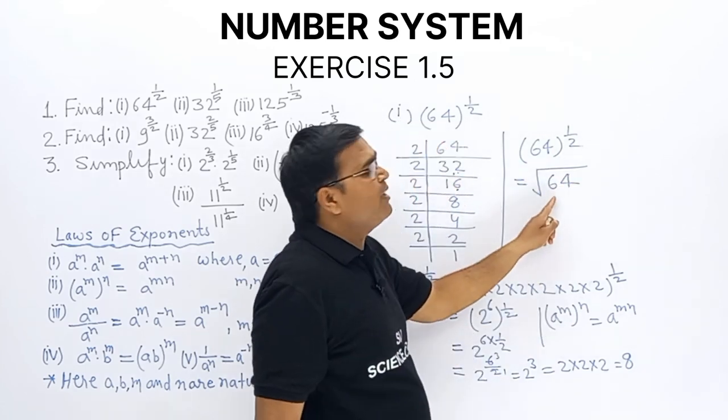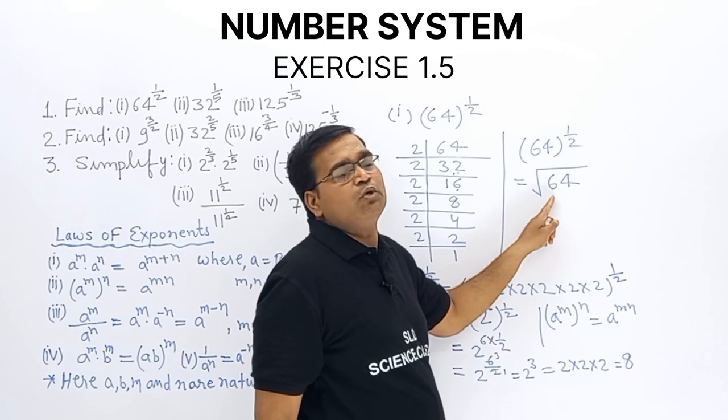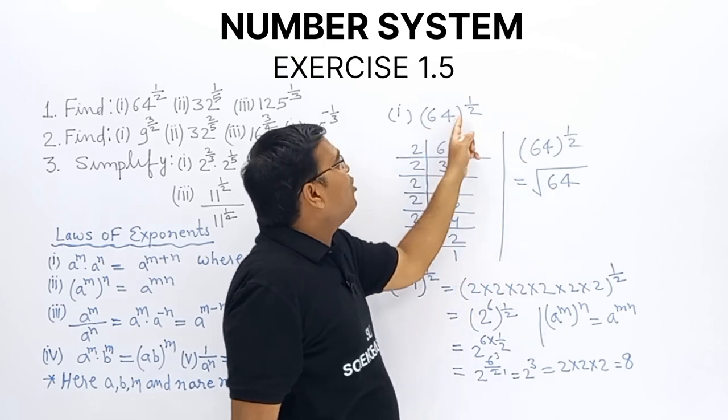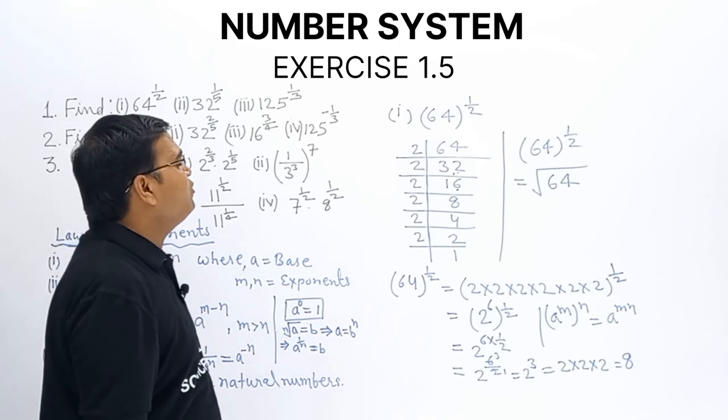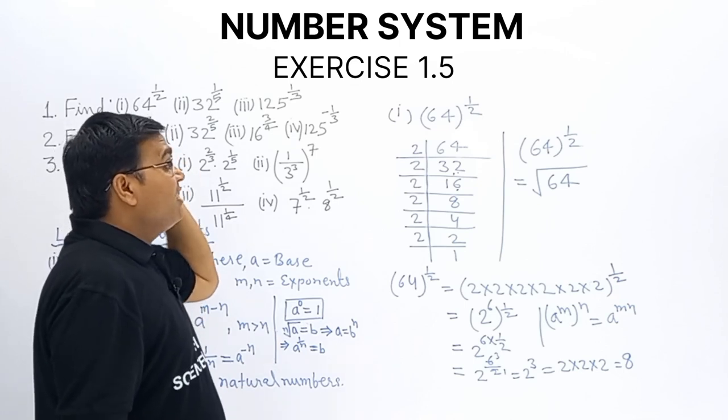And this is normally what? Square root of 64. 64 power 1 by 2 is what?